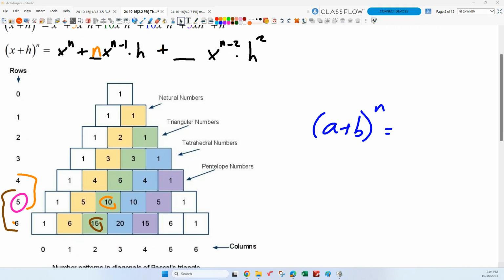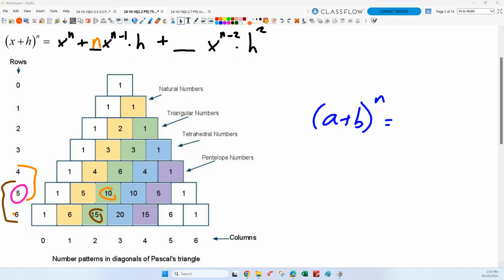You had just figured out that the third coefficient, all the numbers in that third descending diagonal, were the product of n times n minus 1, the row that we're on, times the row number for the previous row, divided by 2. Okay, good.